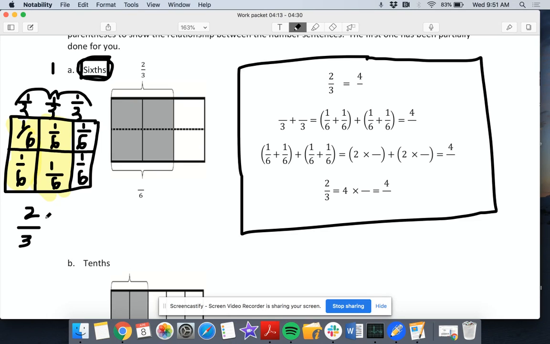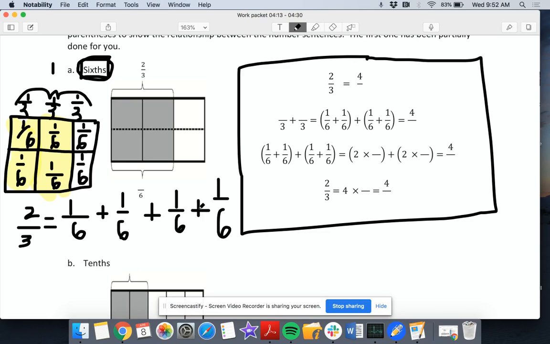Okay? And they're asking us to rewrite now 2/3 in different ways. So we could say 2/3 is equal to what? Well, we could say 2/3 is equal to 1/6 plus 1/6 plus 1/6 plus 1/6.